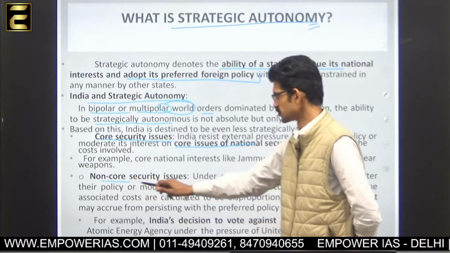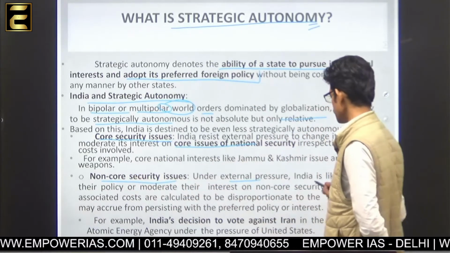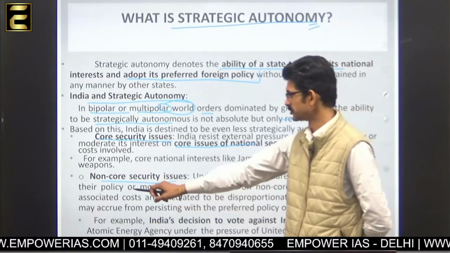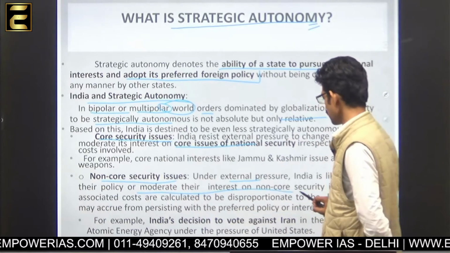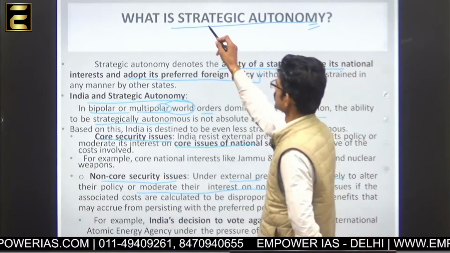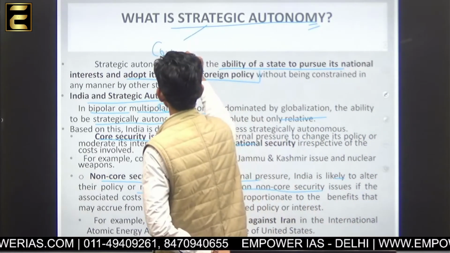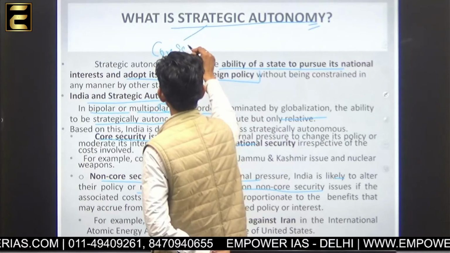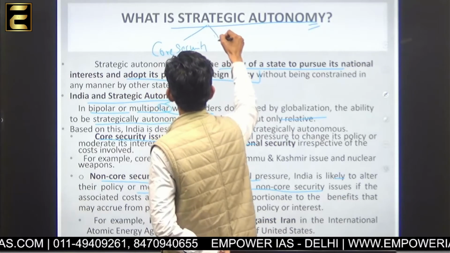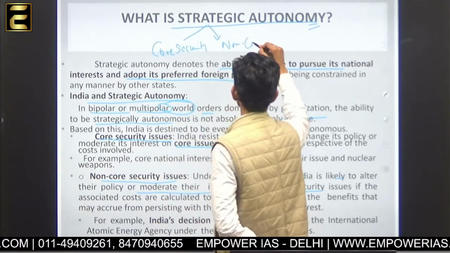Then non-core security issues under external pressure, India is likely to alter the policy or moderate their interest or non-core security. Remember this fact for your prelims as well as mains. So there are core security issues and there are non-core security issues.